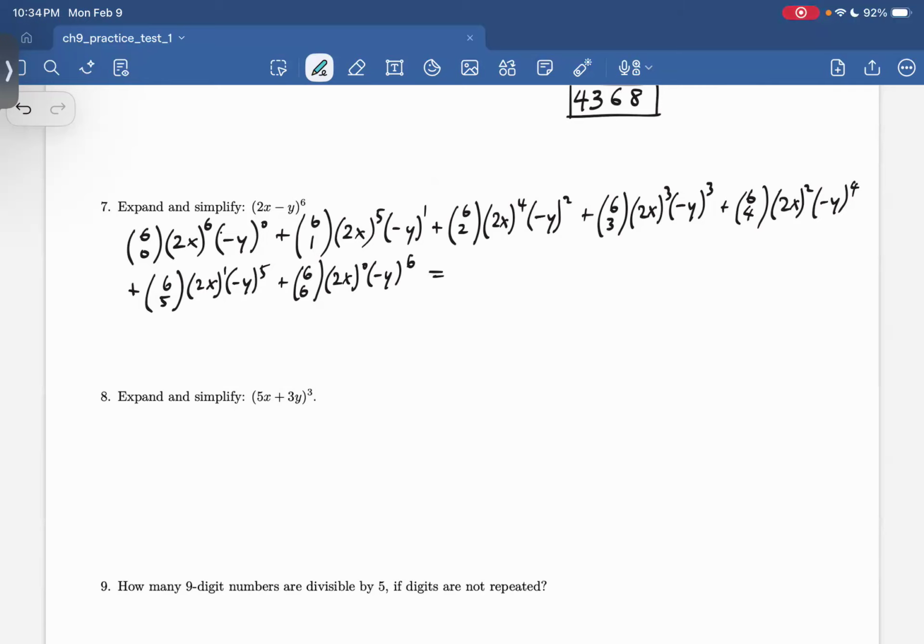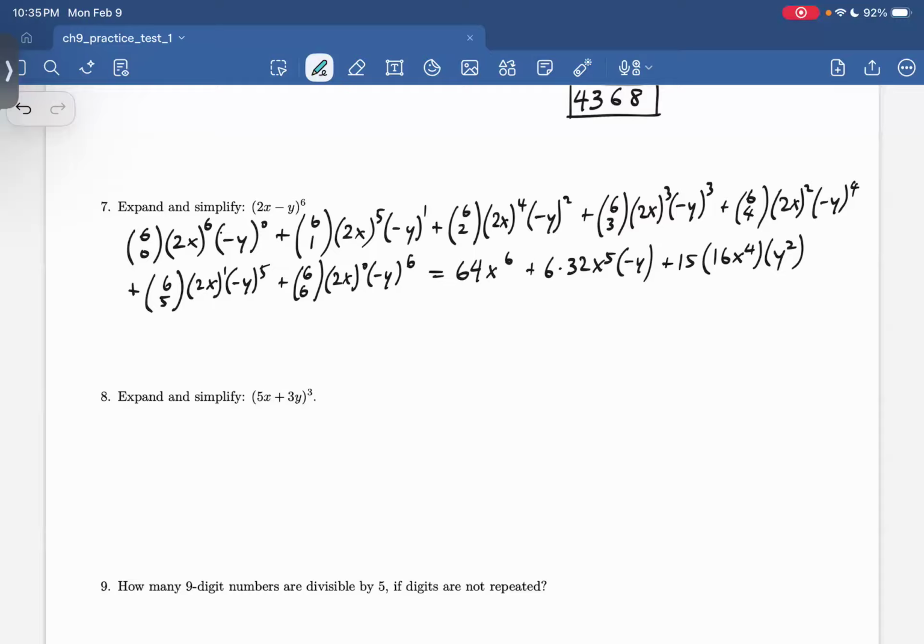I think this looks right, so I'm going to continue and simplify everything. 6 choose 0 is 1. 6 choose 1 is 6. 6 choose 2 is 15. 16x squared. 16x to the 4.